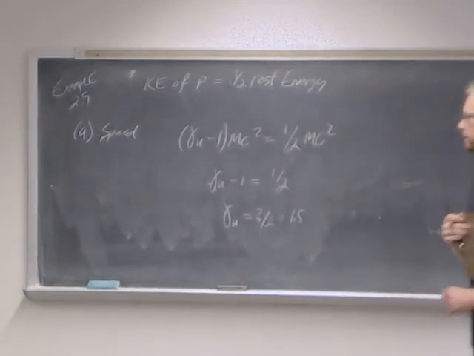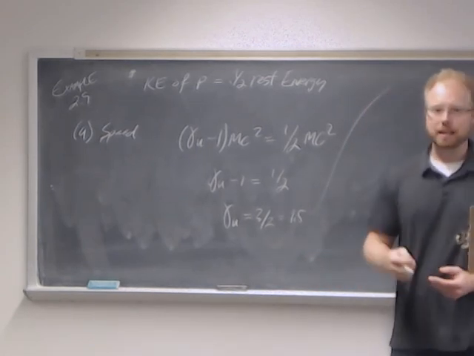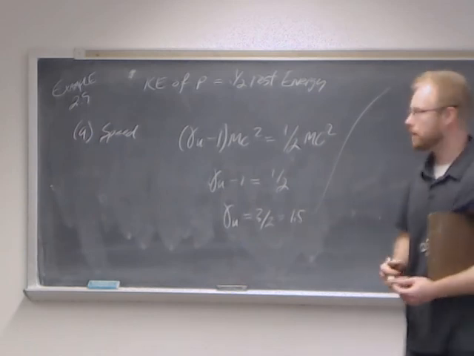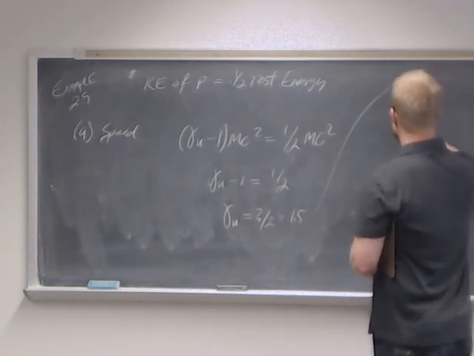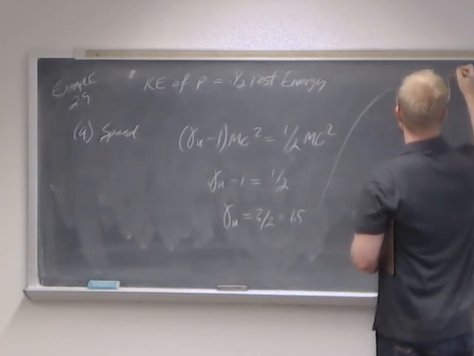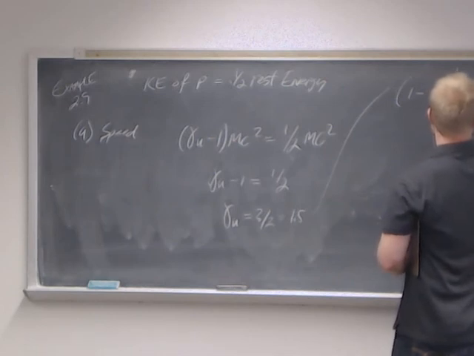Now, the very quick way to solve for speed when you do this stuff, always use the substitution x as that quantity u over c, or v over c, and it speeds everything up. So now I have 1 minus x squared to the minus 1/2 is equal to 1.5.